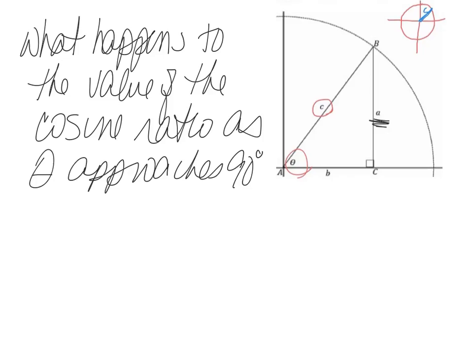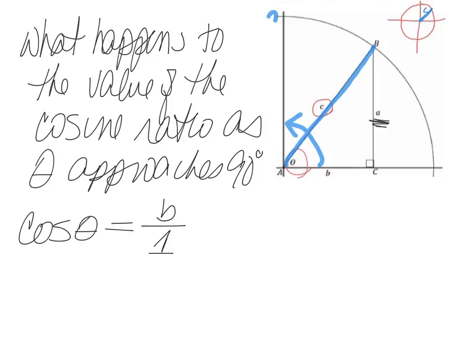What happens to the value of the cosine ratio as theta approaches 90 degrees? We have to consider what is happening to the adjacent side B, because cosine is adjacent over hypotenuse. As we move this side and theta approaches 90 degrees, B is going to get smaller and smaller and approach 0.